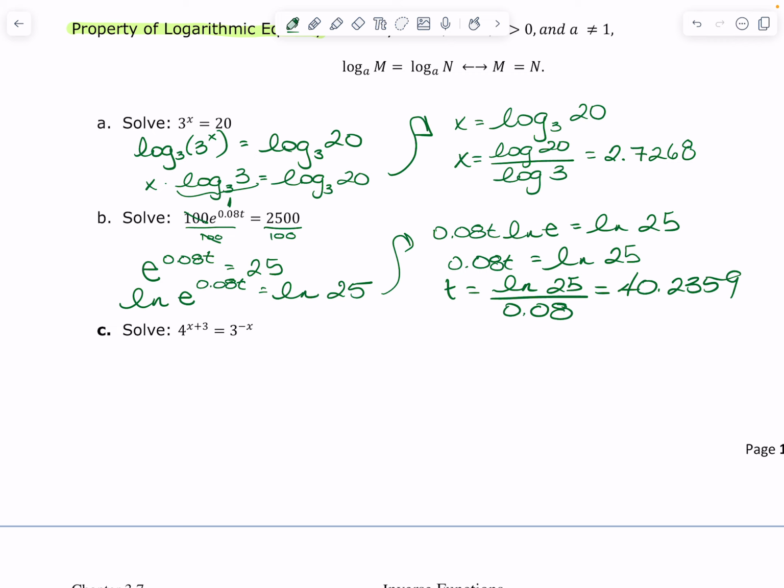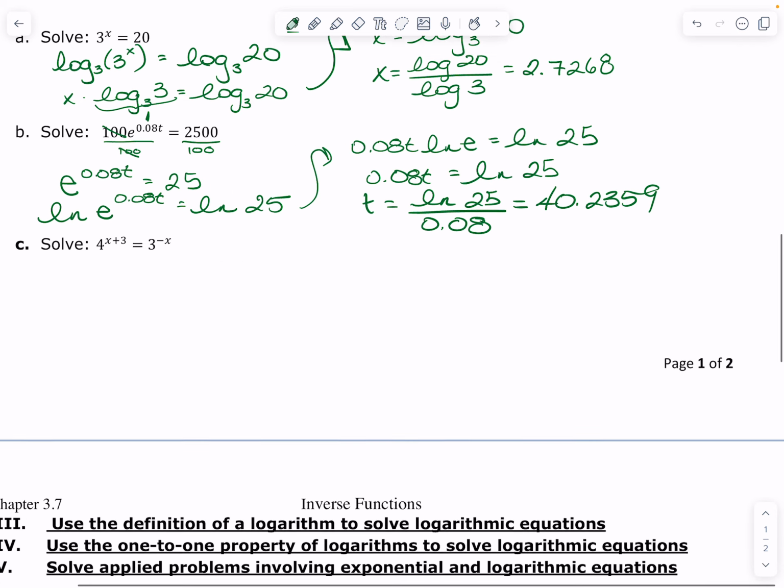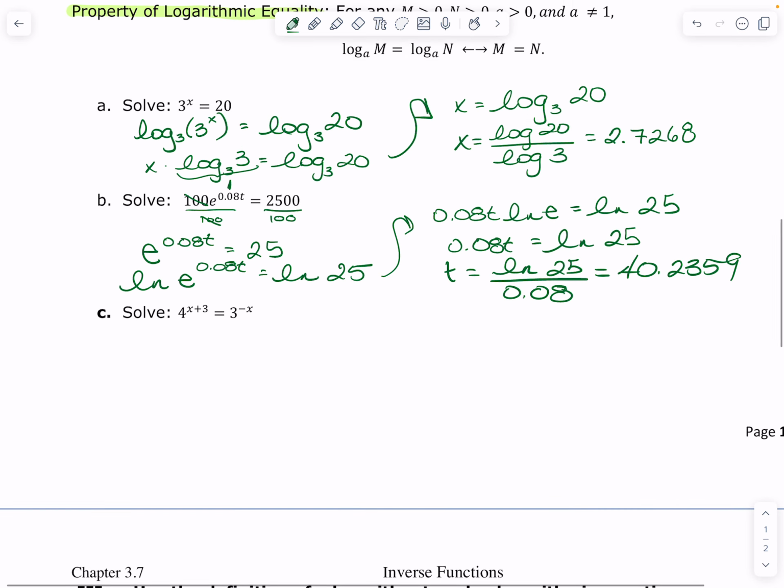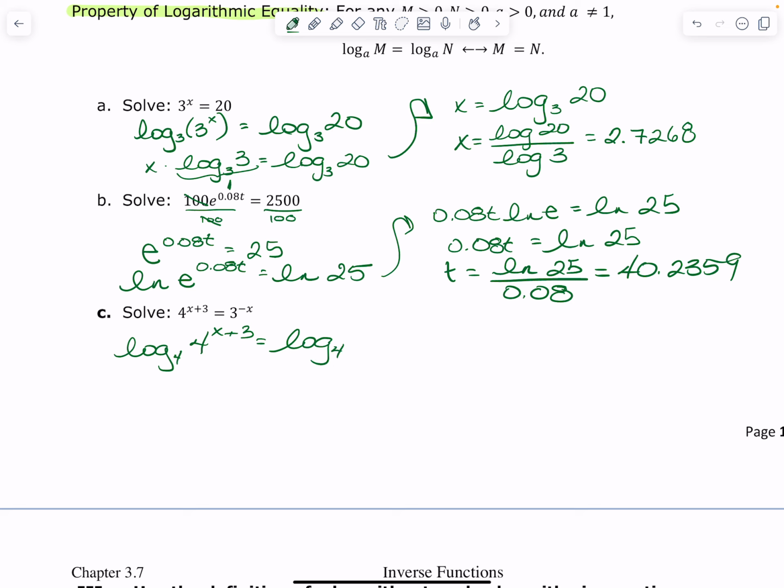Okay. C, because we don't have the same base on both sides, but we do have variables in the exponent on both sides, we are going to start, now let's see, we could go log base 3 on both sides or log base 4. Let's go log base 4. I'm going to go log base 4 of 4 to the x plus 3 equals log base 4 of 3 to the negative x.